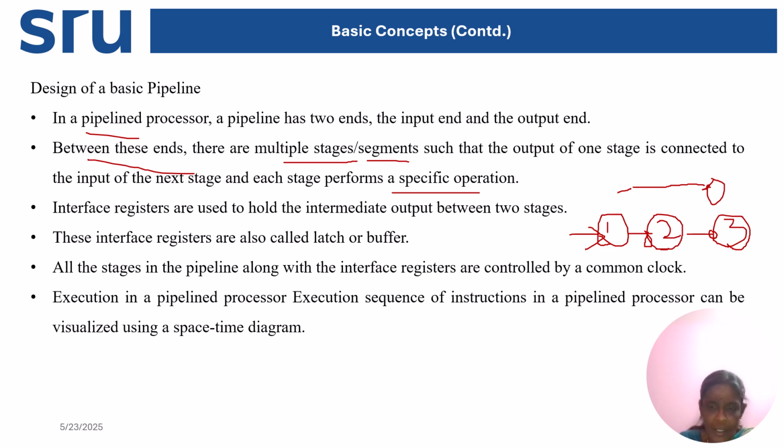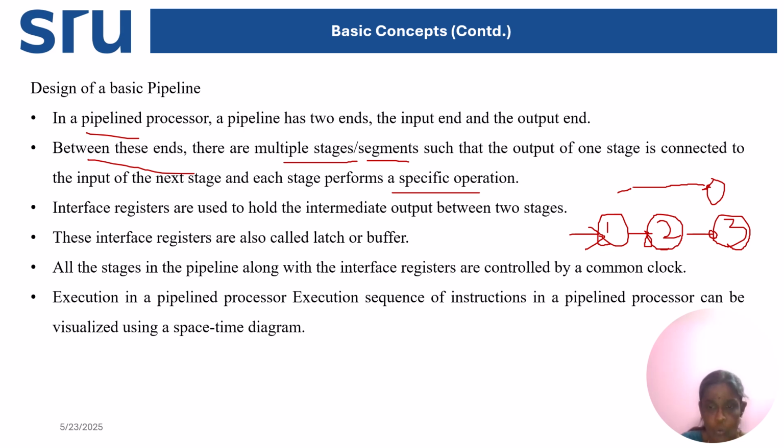A buffer or latch is nothing but a register. It will not do any action on the data. They just take in and give out. That is the function performed by the latch or buffer. It won't do any modification on the data.